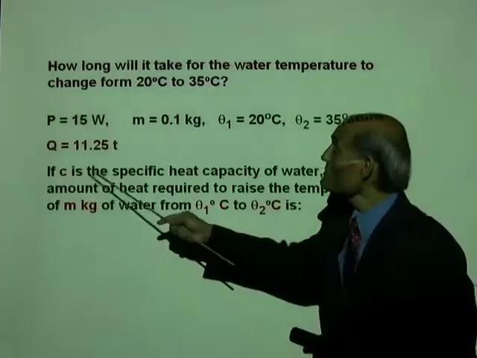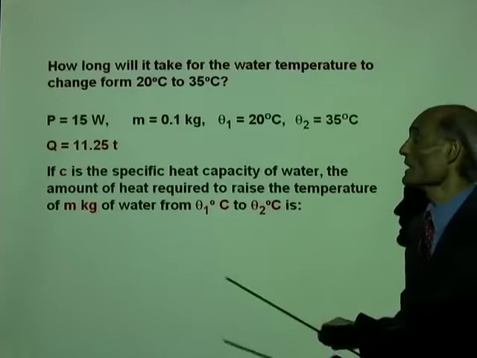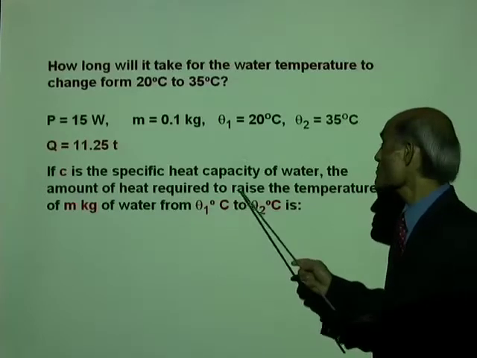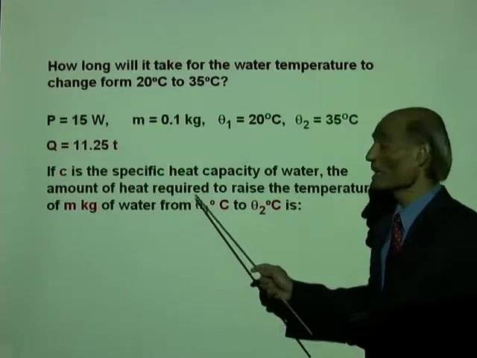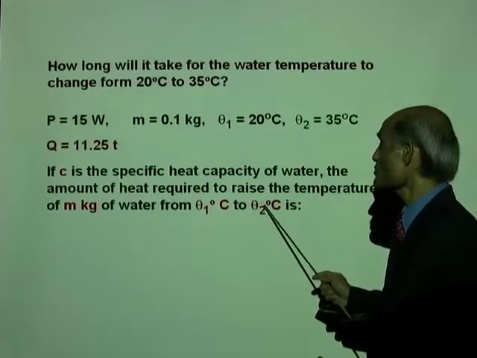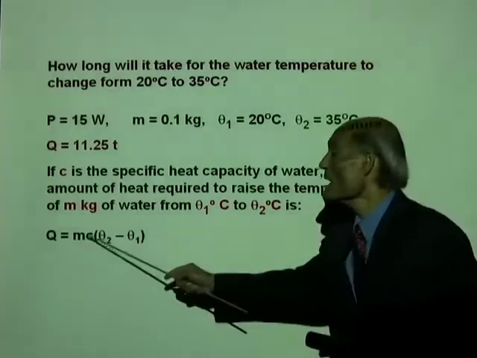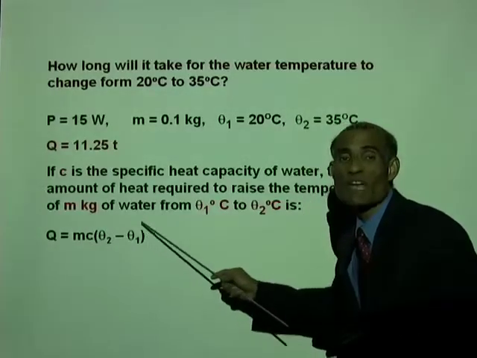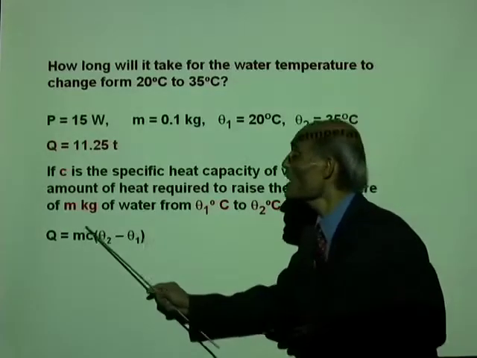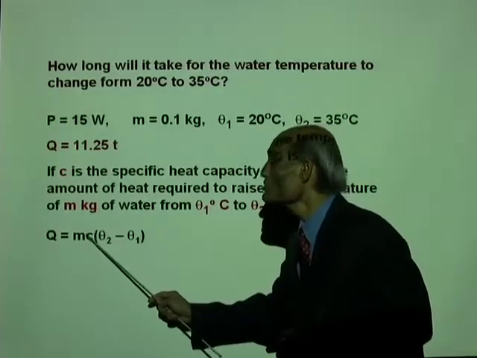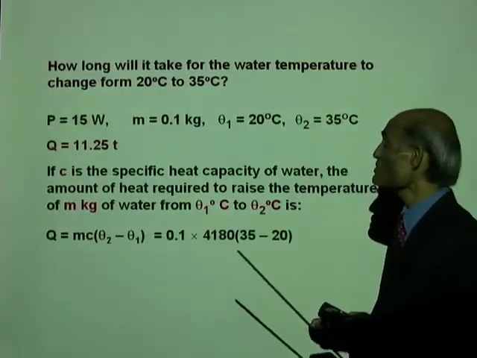Alright? If c is the specific heat capacity of water, the amount of heat required to raise the temperature of m kilogram of water from theta 1 degree Celsius to theta 2 degrees Celsius is mc delta theta, mc times change in temperature. We know the mass, we know specific heat of water, we know the change in temperature.